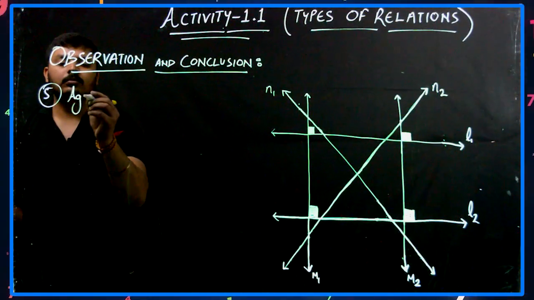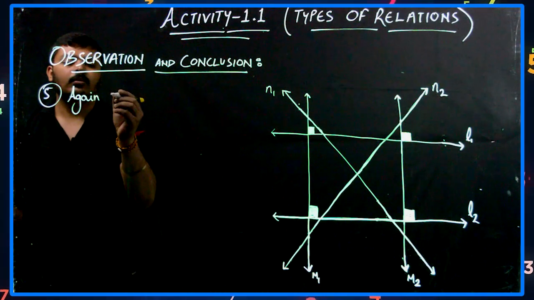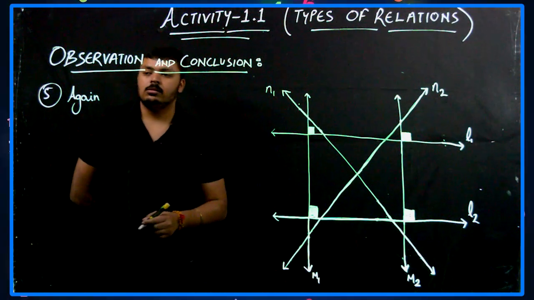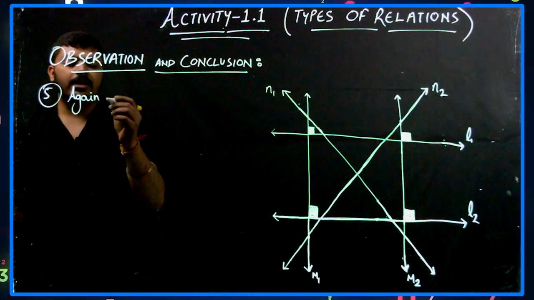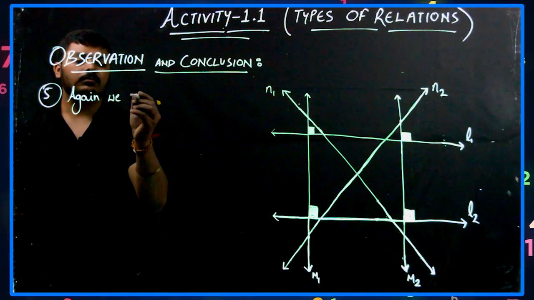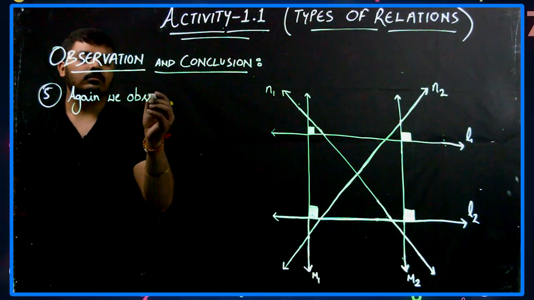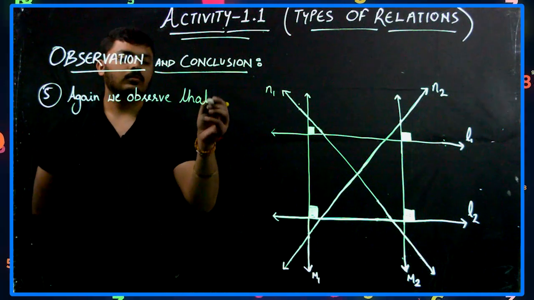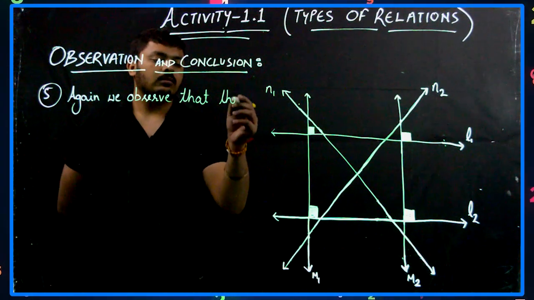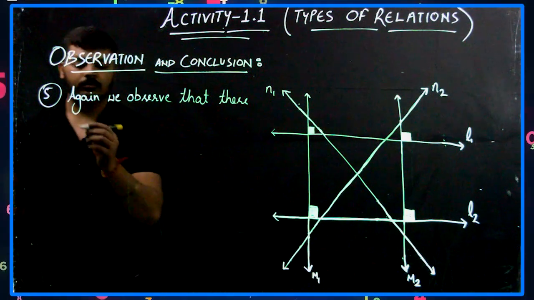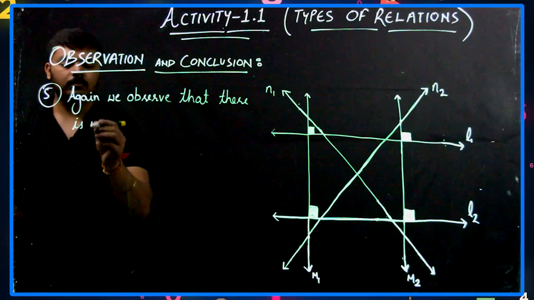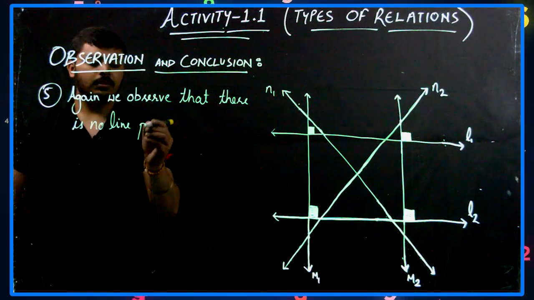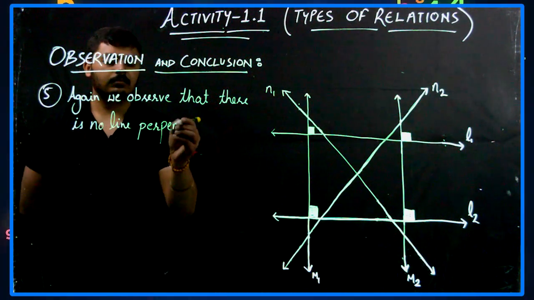Again, in step 5 we observe that there is no line perpendicular to itself.